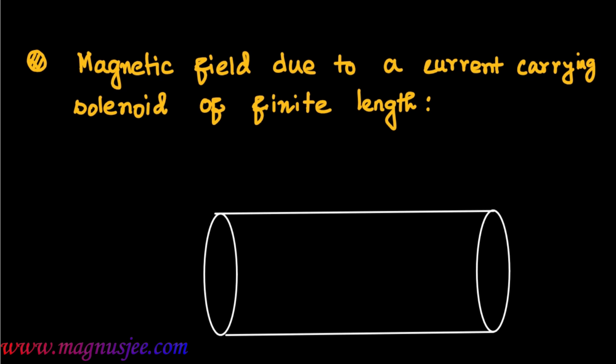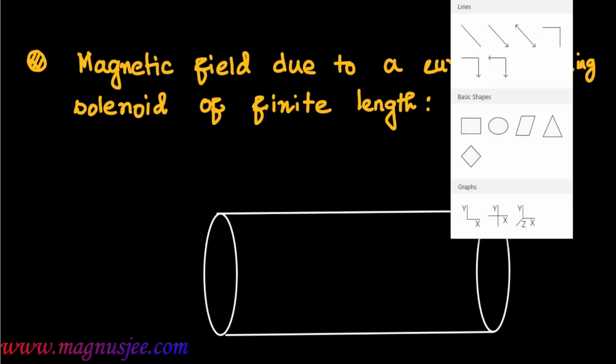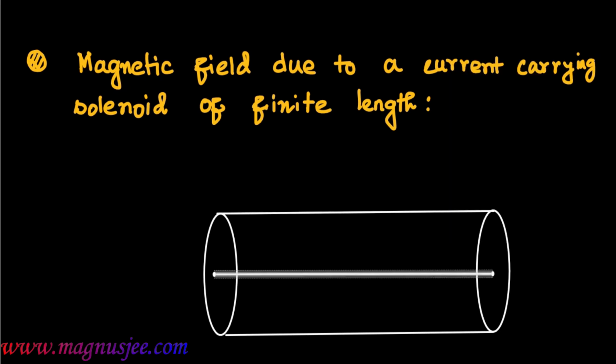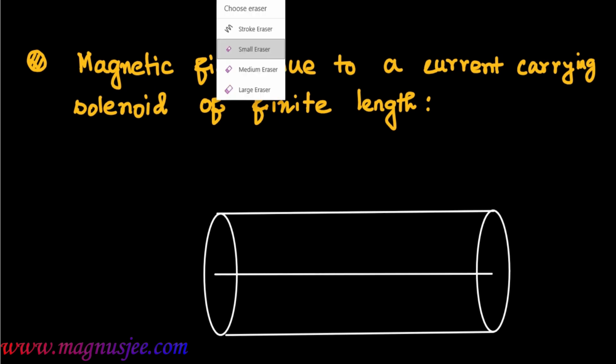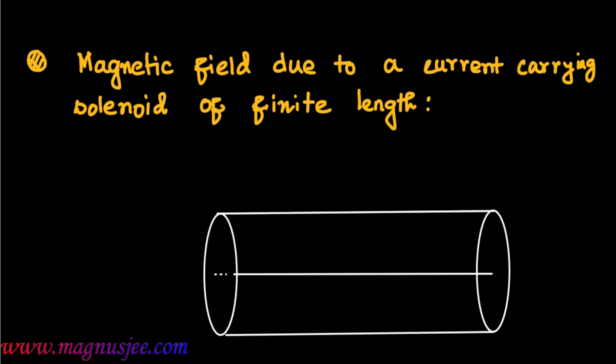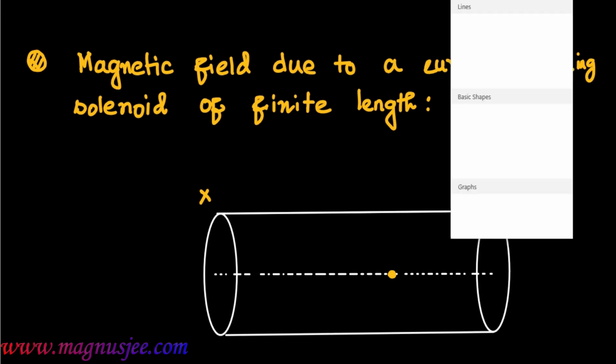This is the cylindrical core of the solenoid, and this will be the axis of the solenoid, which is imaginary. It is denoted by a dotted straight line. X and Y be the two ends of the cylindrical solenoid.